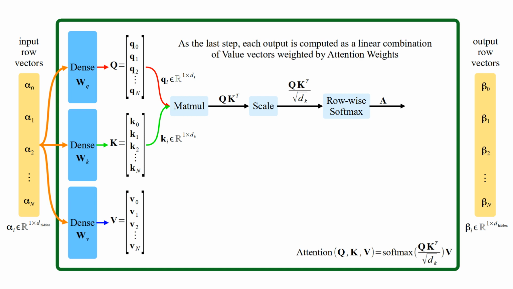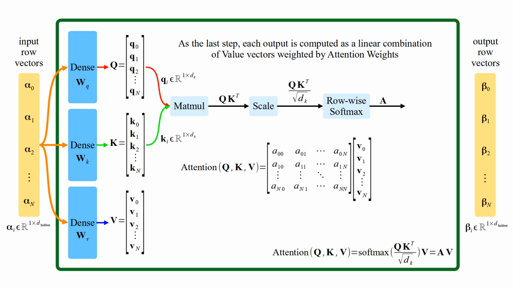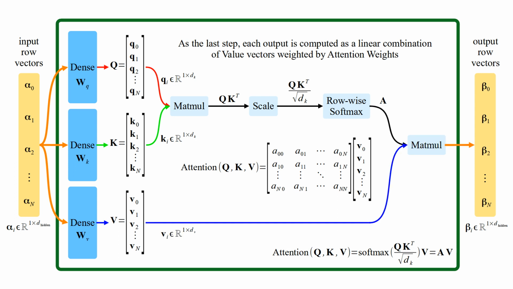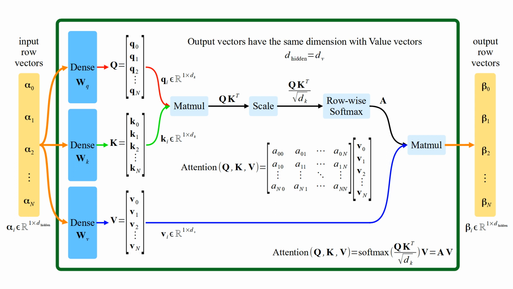As the last step, each output is computed as a linear combination of value vectors weighted by attention weights. Output vectors have the same dimension as value vectors.